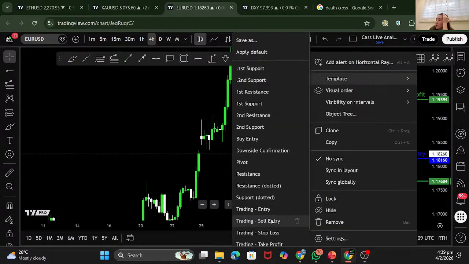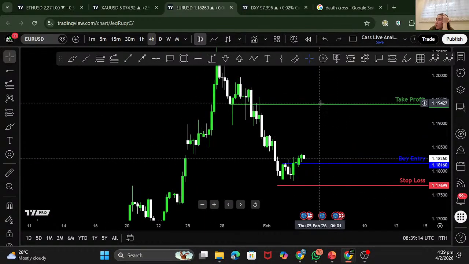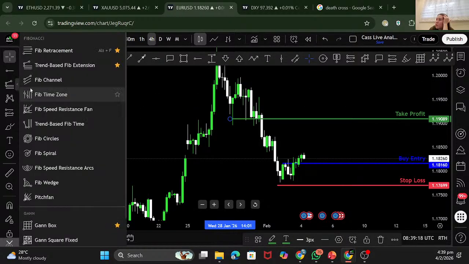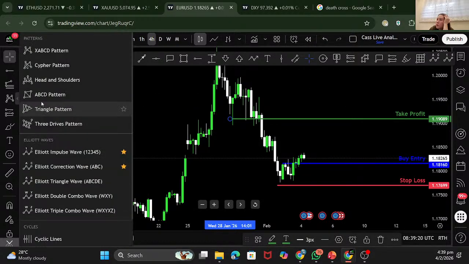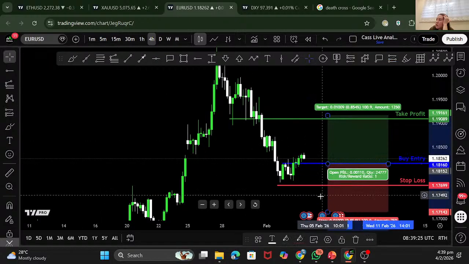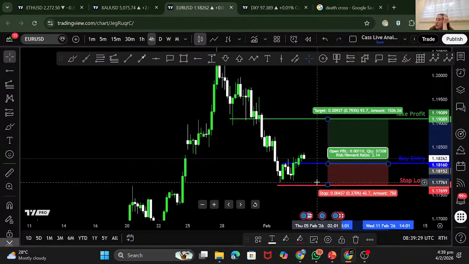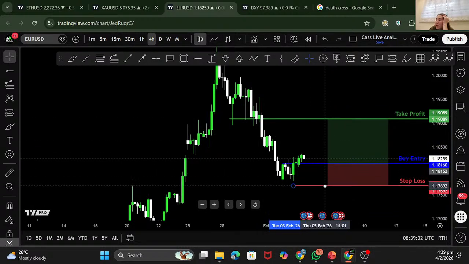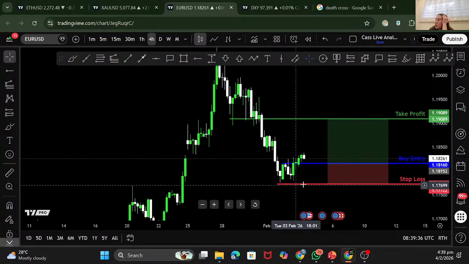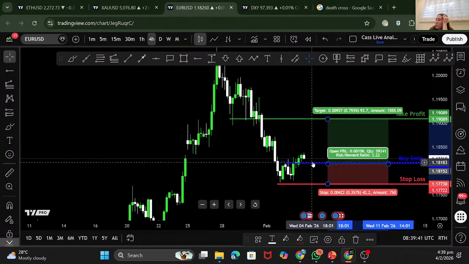So this is the best that I can come up with for EUR/USD at this current point of time. Yes, this can be way tighter. I'm just giving it a lot more breathing room.